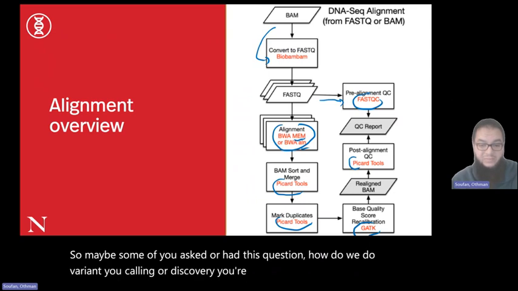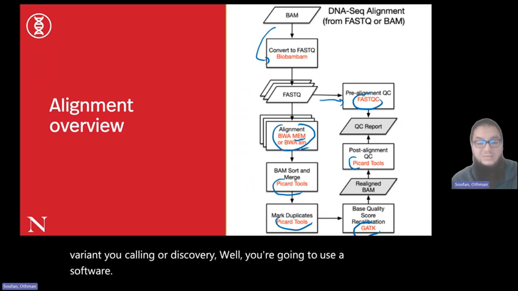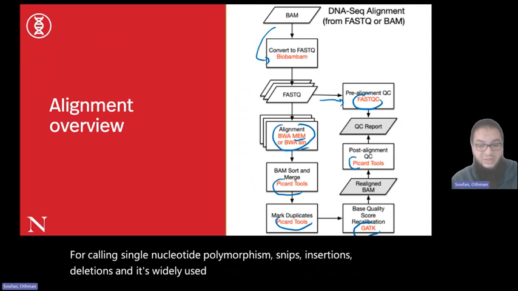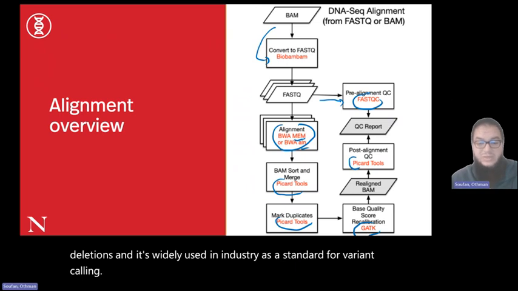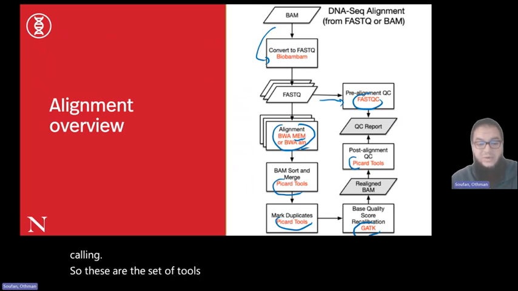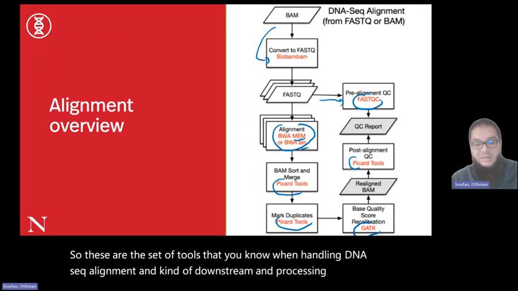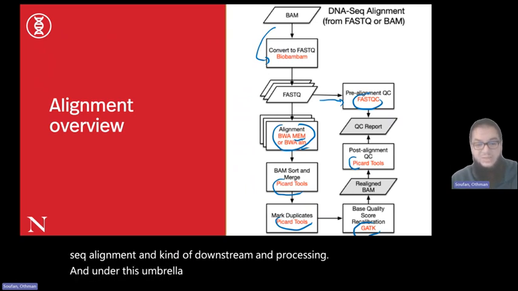Well, you're going to use software like GATK, which gives best practice workflows for calling single nucleotide polymorphisms, SNPs, insertions, and deletions, and it's widely used in industry as a standard for variant calling. So these are the set of tools for handling DNA-seq alignment and downstream processing under this umbrella of whole genome sequencing that we can look into.